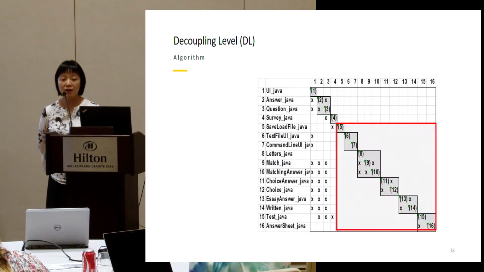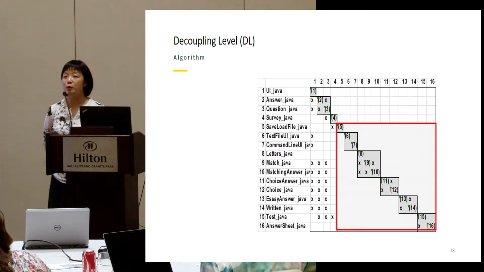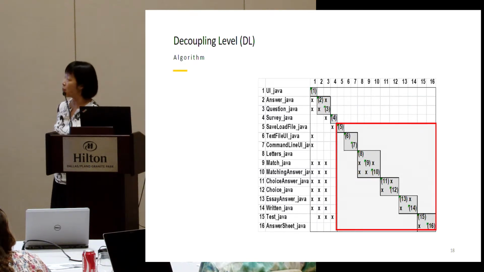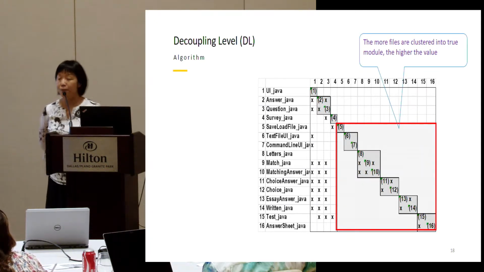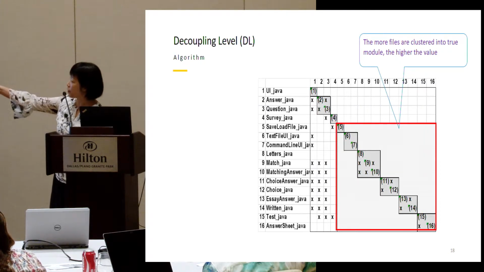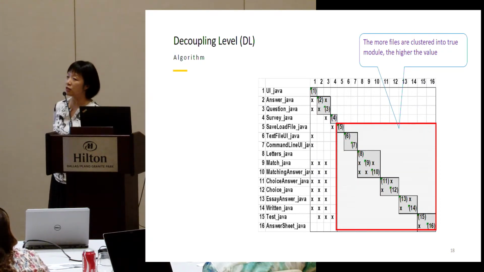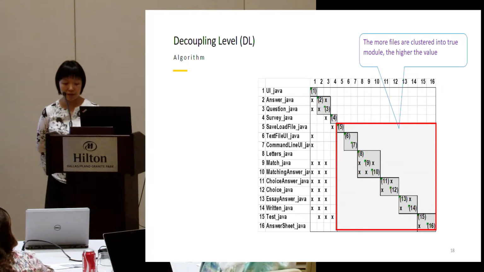Okay, so based on this rationale, we went further to calculate the decoupling level. First, we cluster a DSM into this shape, right? The larger the bottom layer, which contains the independent modules, the higher its maintainability.